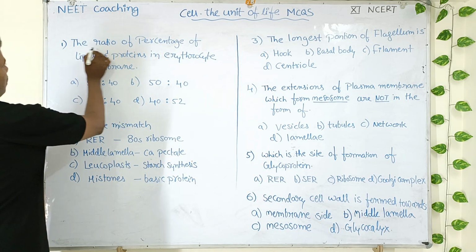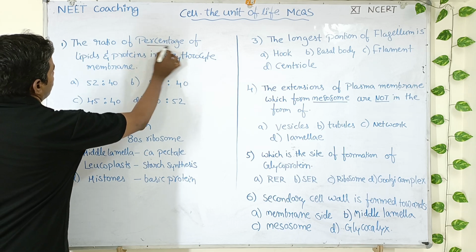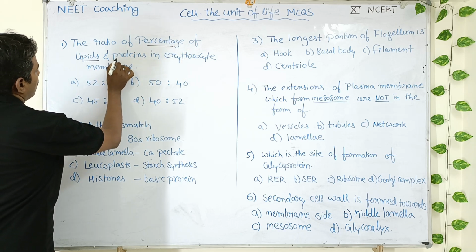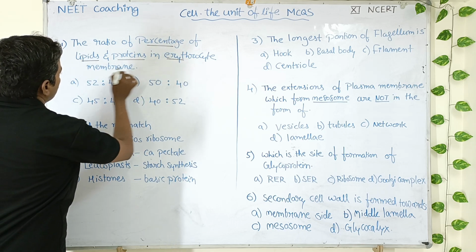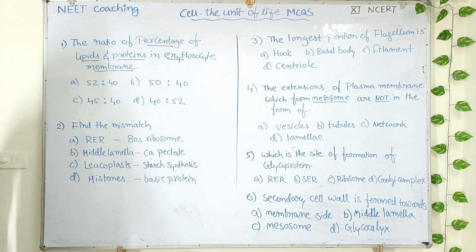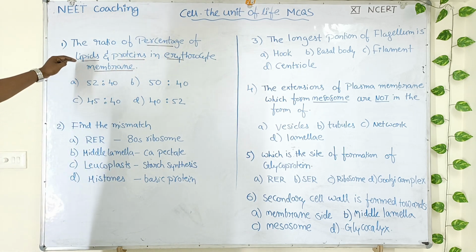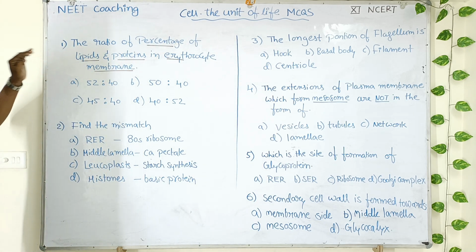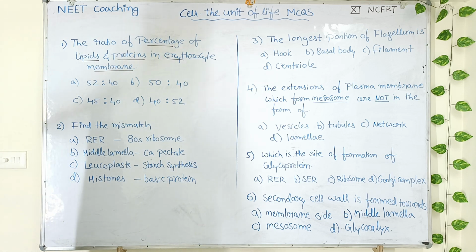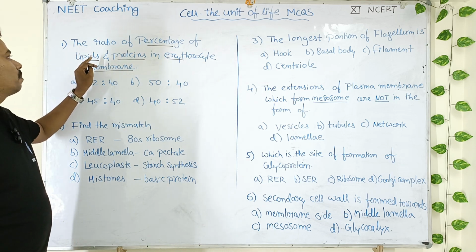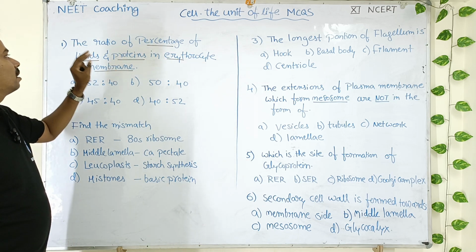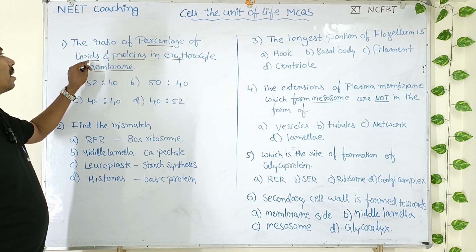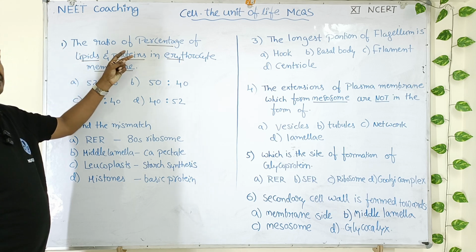The first question: the ratio of percentage of lipids and proteins in the erythrocyte membrane. This is a direct question. The information is directly given in the NCERT lines. In the plasma membrane of erythrocyte, the lipid content will be considerably less and protein content will be more.